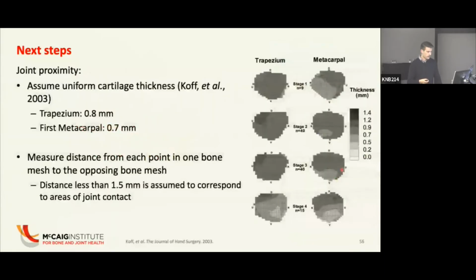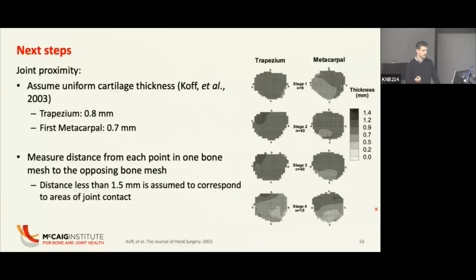So we've also started to look at joint proximity in the TMC joint. This is a nice figure from cadaveric specimens at different stages of osteoarthritis, showing where the cartilage begins to thin first. Using some values from literature, we're able to calculate a bone-to-bone distance to get estimates of our joint contact area.